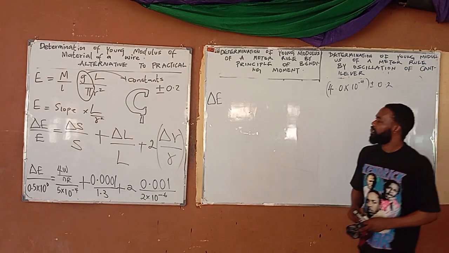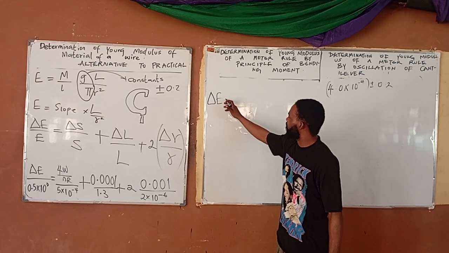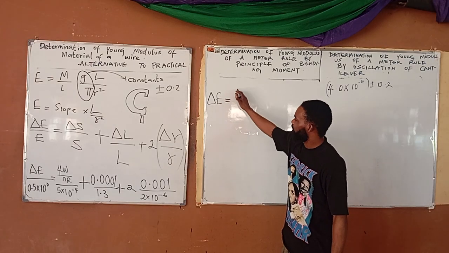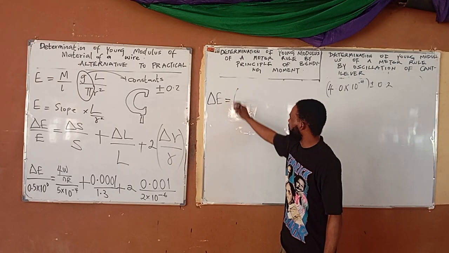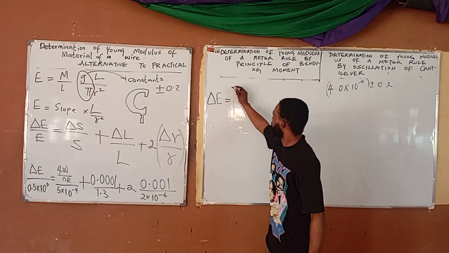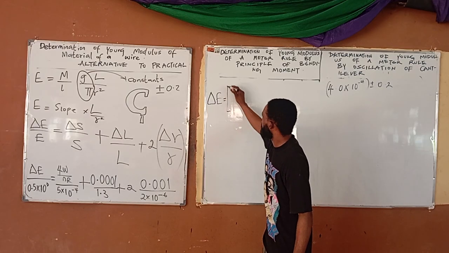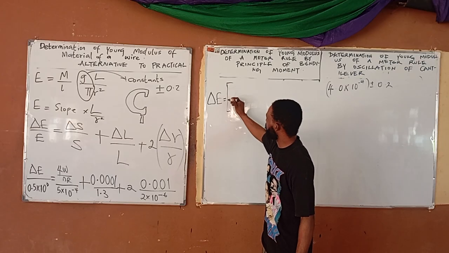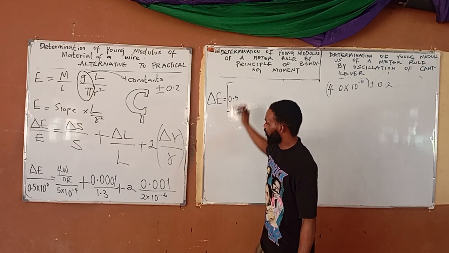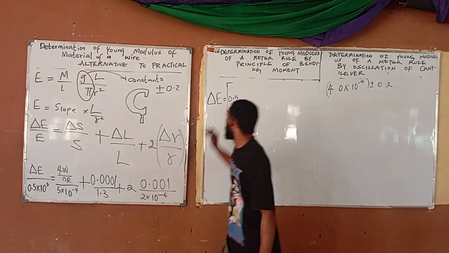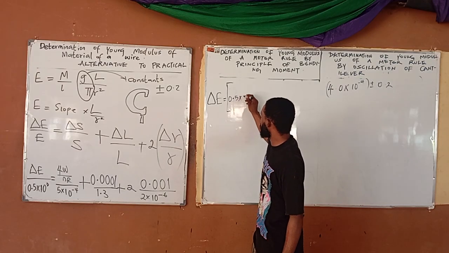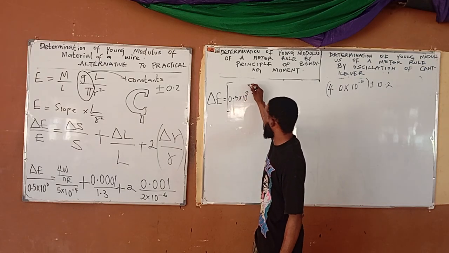So change in E is going to be equal to 0.5. Sure, you know that this thing now can times everything here, times 10 raised to the power 9.